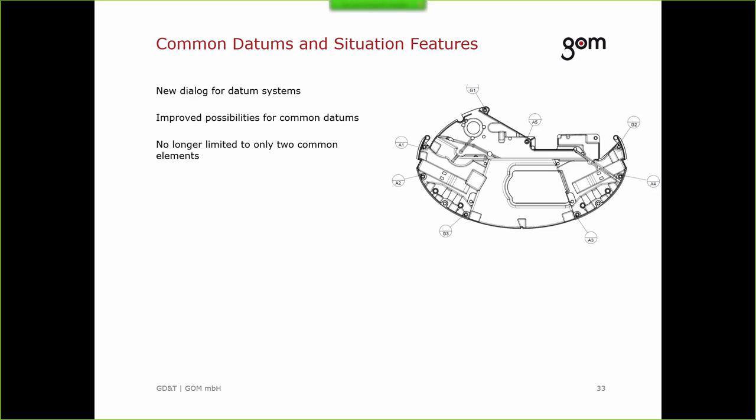We improved the dialog for datum systems and added situation features to this dialog. This dialog empowers you to combine several elements to a datum and is not limited to a datum combination of only 2 elements.